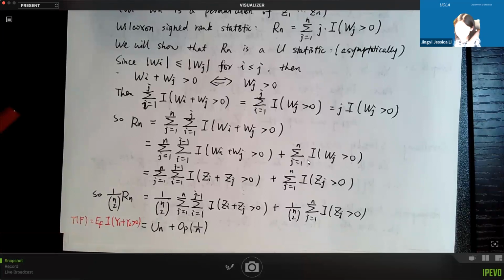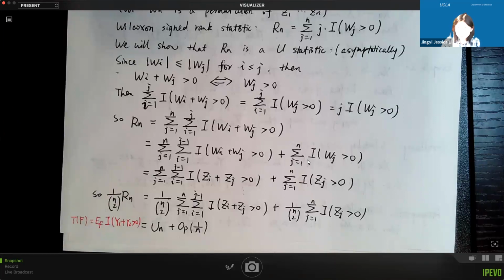This is an example showing how widely usable U statistics are: in the Wilcoxon signed rank test, the test statistic divided by n choose 2 can be written asymptotically as a U statistic.